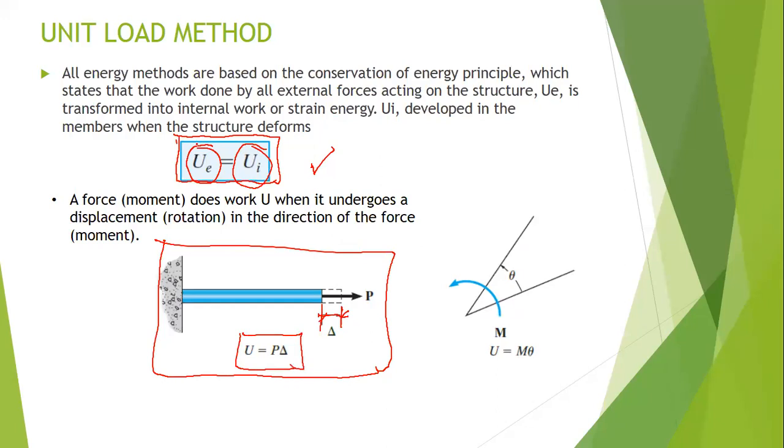And the total external work is simply equal to the total internal work. Now, if you also apply moments, say for example, you have a moment M, and it causes rotation theta, then the work done is simply equal to this equation, the moment times the total angle of rotation.